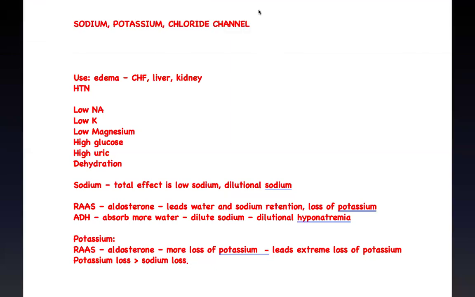The same system that I talked about can lead to what? Hypomagnesemia. The sodium potassium chloride channel creates a positive gradient.